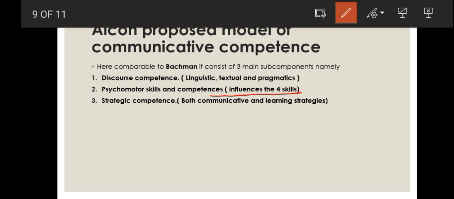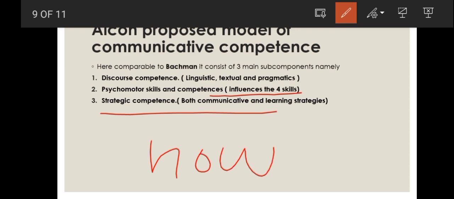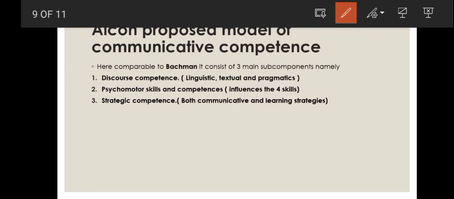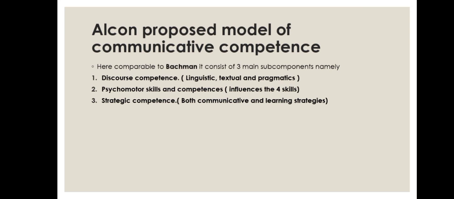Okay. The third one is strategic competence. It involves both communicative and learning strategies. You can say that it is considered the knowledge of communication strategies and how to use them. So he gave his presentations and research on the previous topics according to Bachman's.